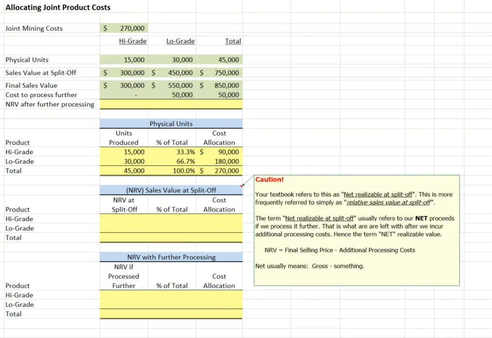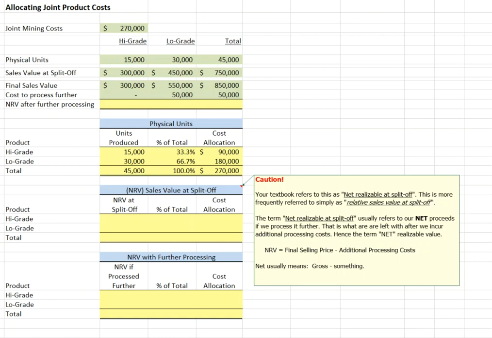We're now going to look at the cost allocation using the relative sales value at split off. Be careful, your textbook refers to this as the net realizable value at split off. This is more frequently referred to simply as the relative sales value or market value at split off. The term net realizable value at split off usually refers to our net proceeds if we process it further.